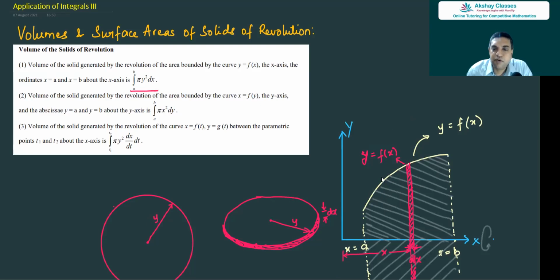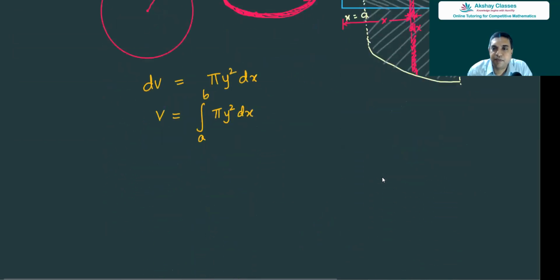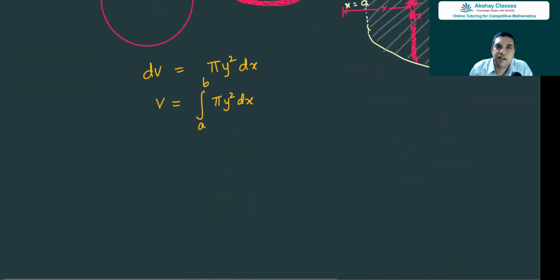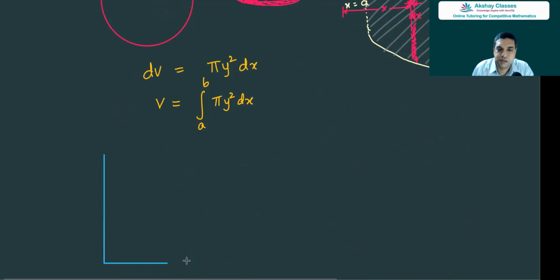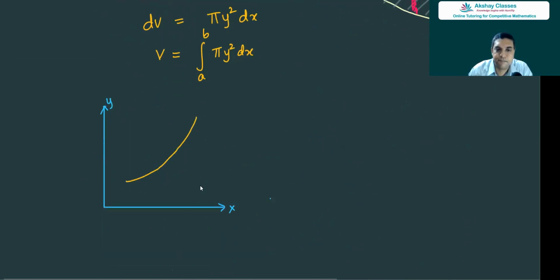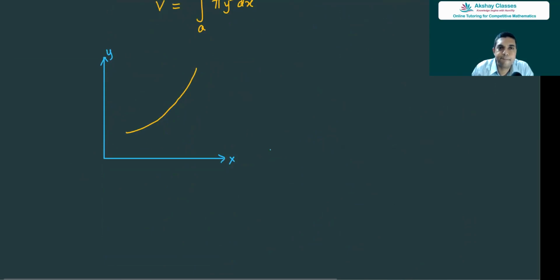Suppose the curve is revolved about the y-axis. Very similar thing we get. Let's draw that. So this is the curve.